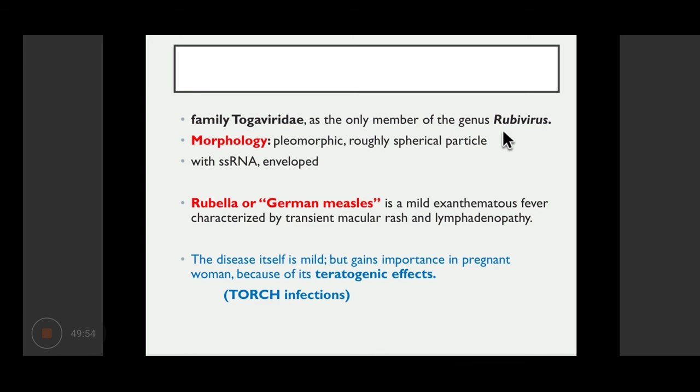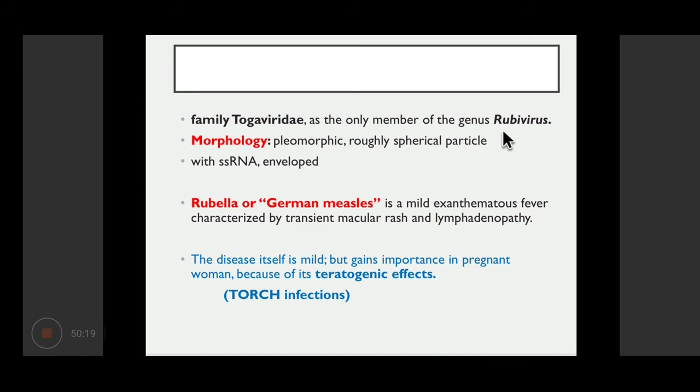That means the effects it causes in the fetus if the mother becomes infected with this disease. So rubella is a part of a group of infections that are collectively known as the TORCH group of infections. Okay, so these TORCH infections are very capable of causing teratogenic effects.